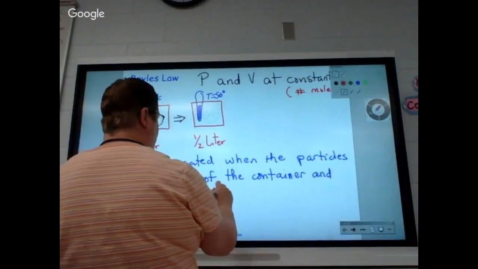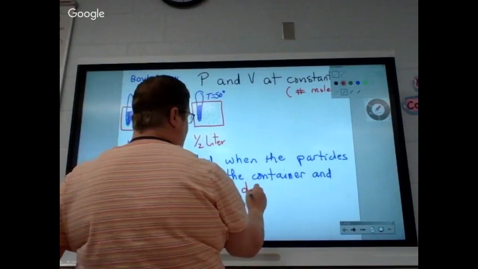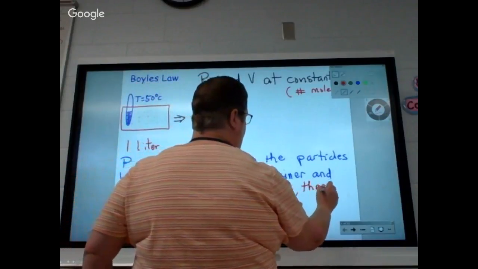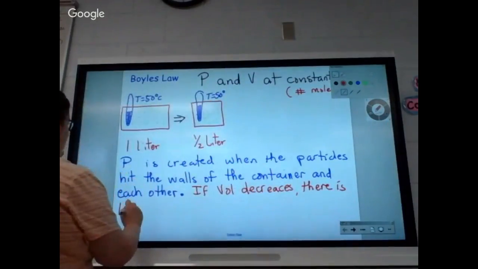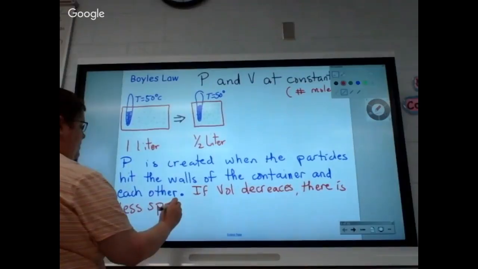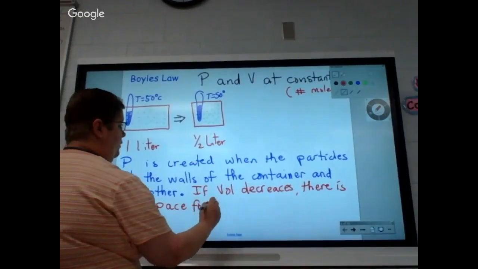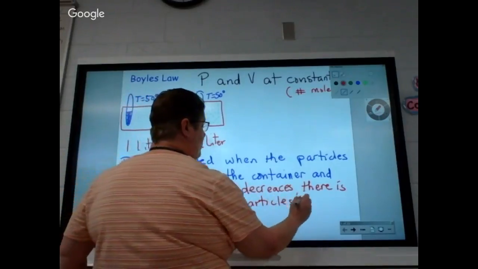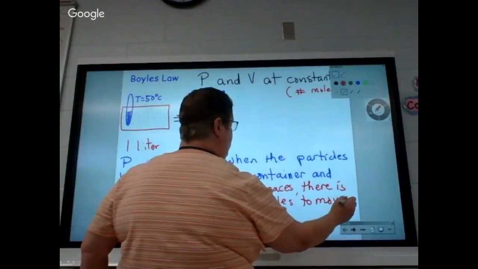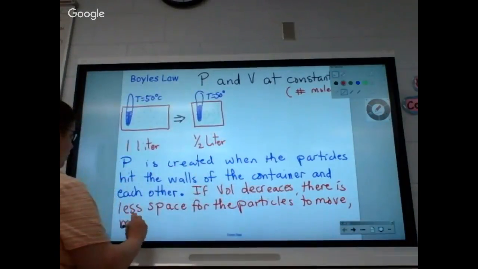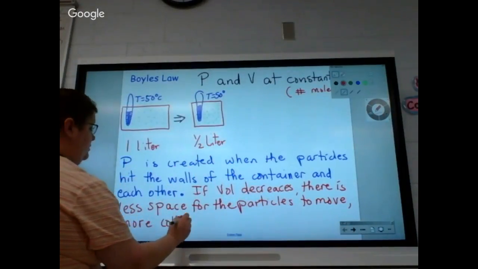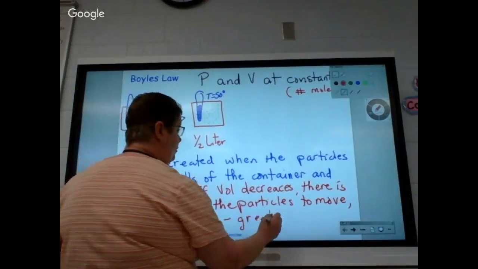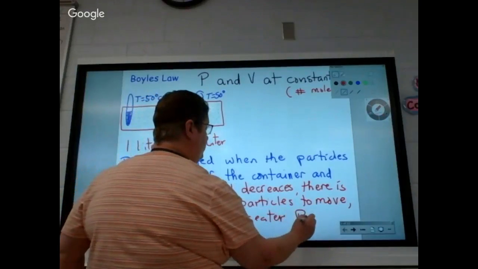If volume decreases, there is less space for the particles to move. There are more collisions, which means there is greater pressure.